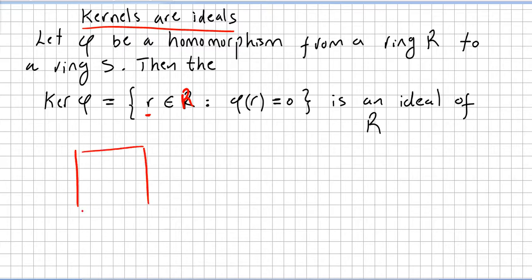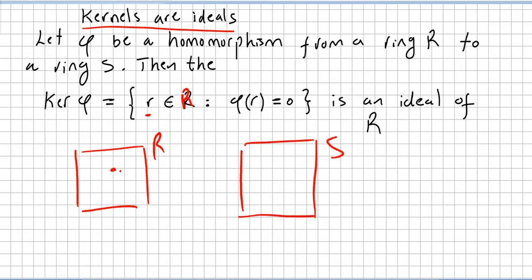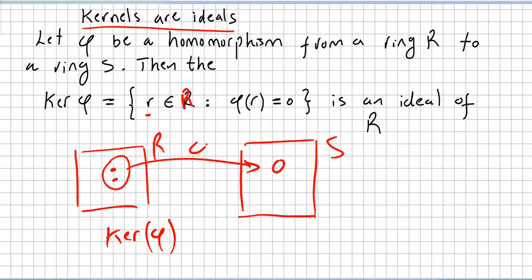So we have a ring here, another ring here, S, and all the elements here that, if you take the image into S, you get 0. This will be the kernel of this homomorphism phi.